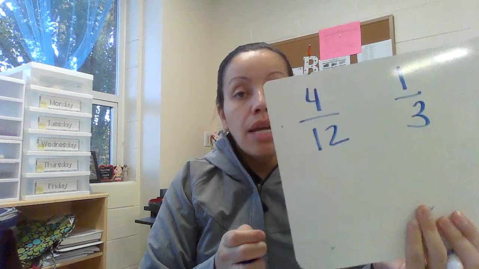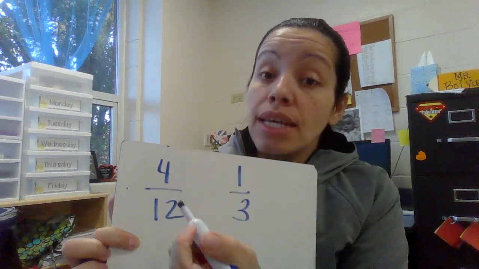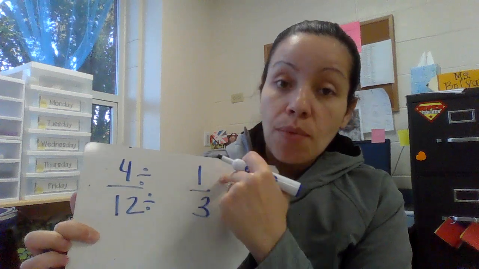So can I check? Is 4/12 equal to 1/3? Because in this case, I'm going from a big number to a smaller number, I need to divide and see if I divide by the same number, if I can get 1/3.